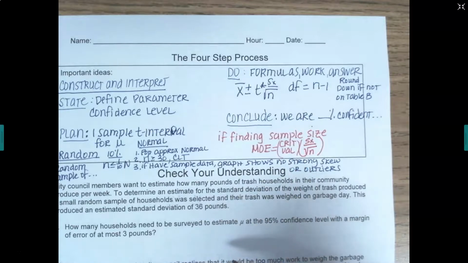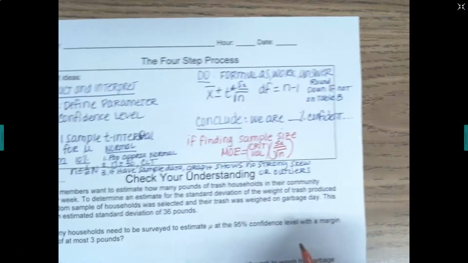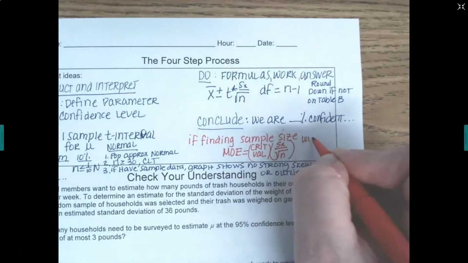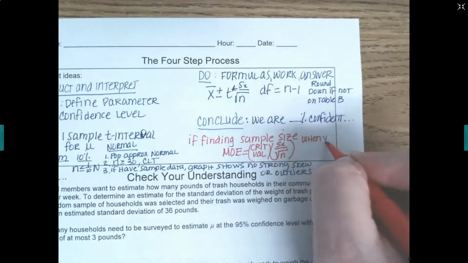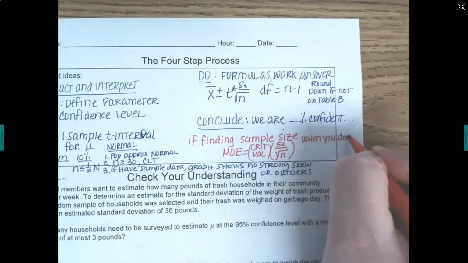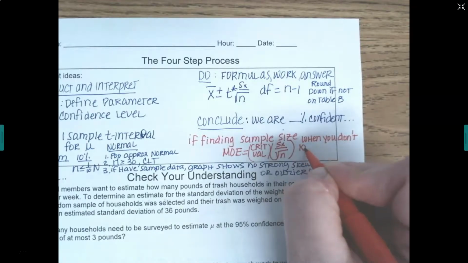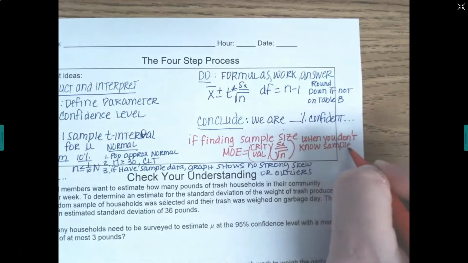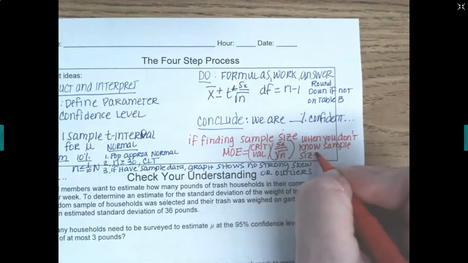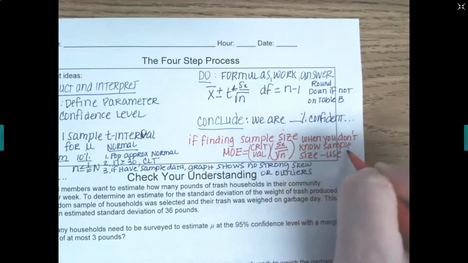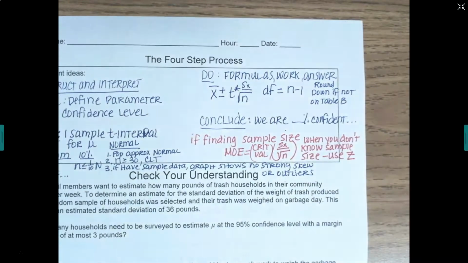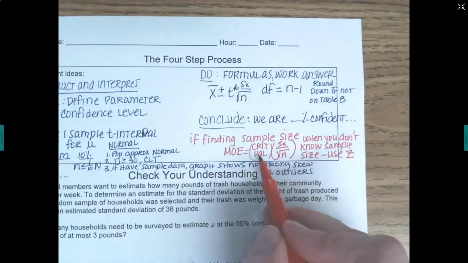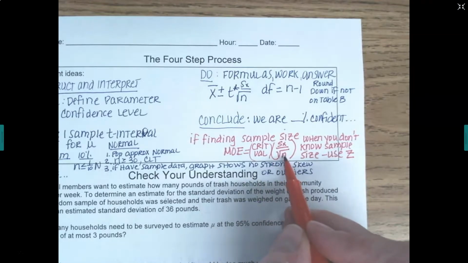You can't get a critical value because it's all based on sample size. So when you don't know sample size, use the z. So if you're doing a 95% confidence interval, you would plug in 1.96 right here, and then you're going to solve for n.